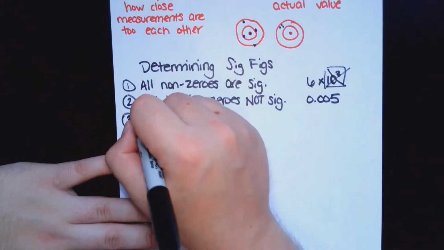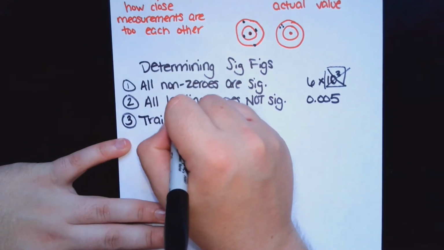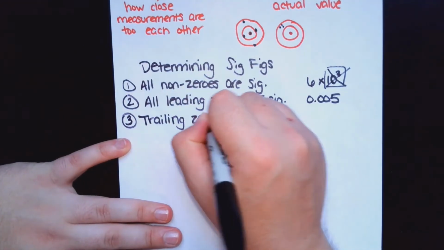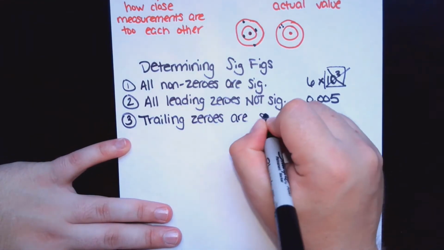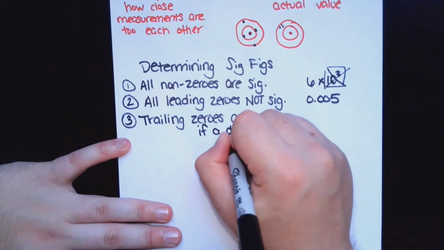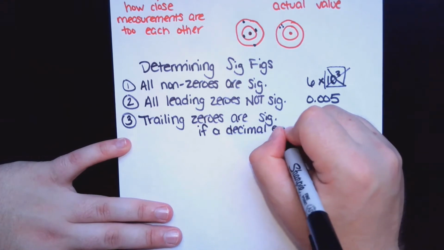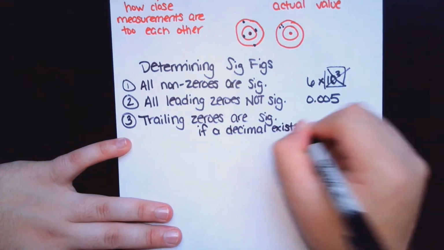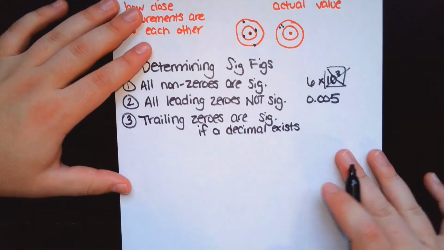The next rule is trailing zeros. Trailing zeros are significant if a decimal exists. So if a decimal is seen in the number, then trailing zeros, which are zeros after your last non-zero digit, are significant.